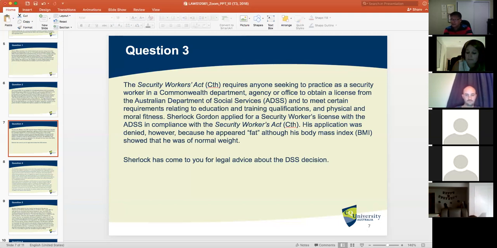That could be one. That's in the language of Section 16(1)(a). It could also be asking for a declaration that he has a right to a license. Or thirdly, it may be to ask the court to direct the ADSS to grant him a license. Because if he is entitled to it, then the ADSS cannot refuse.